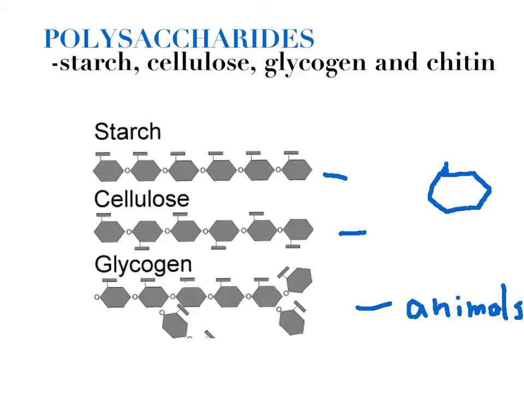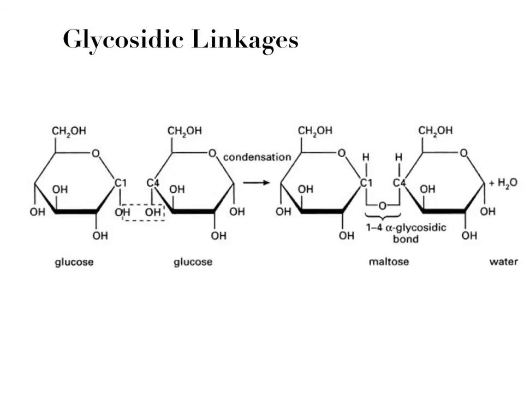A crab would put minerals from the sea that it lives in into the chitin molecules and create almost a bone-like structure. But the foundation or the skeleton of this exoskeleton is this polysaccharide called chitin.